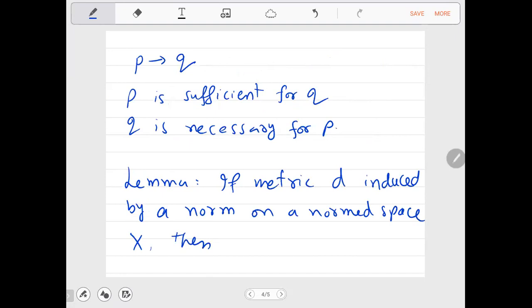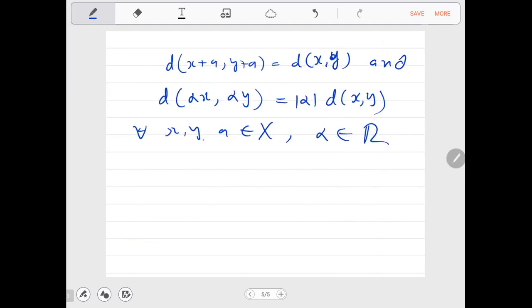Remember, if metric d is induced by a norm, it is sufficient for these two properties, so these two properties are satisfied. So these two properties are necessary for a metric d induced by a norm.